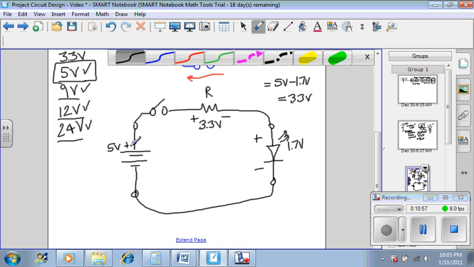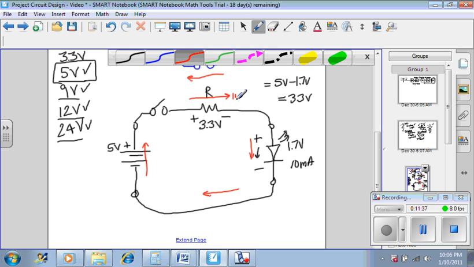So far, so good. But there's another requirement. The current must be 10 milliamps in order to maintain the operation of the LED. So, since this is a single circuit, a series circuit, we know through the rules of electronics that all the current in this one loop will be the same.